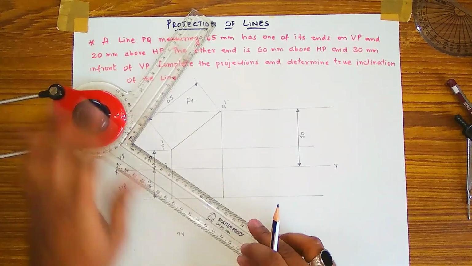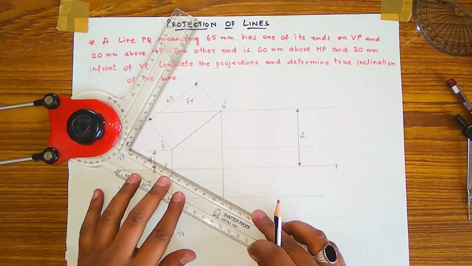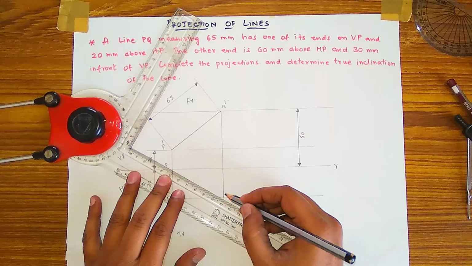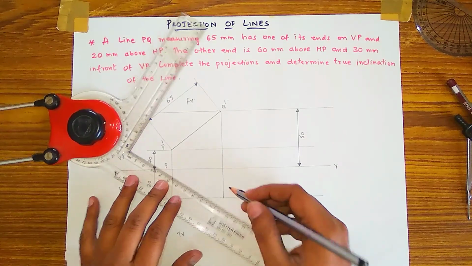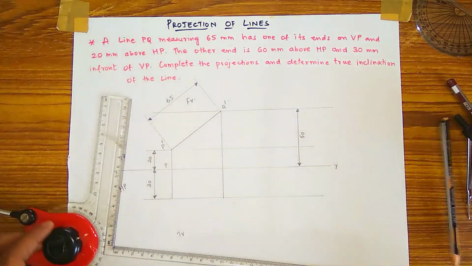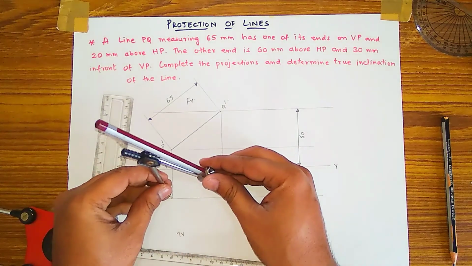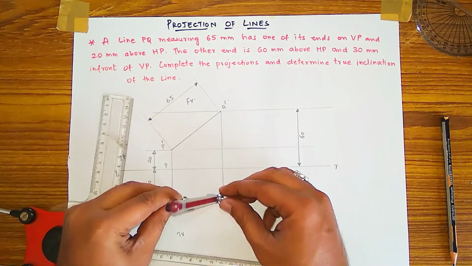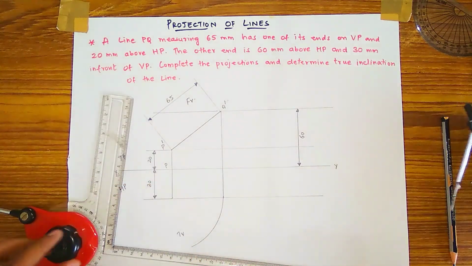So from here to here we are having one more line like this. Then you have to take your divider, keeping on that point and that end, and take an arc like this.